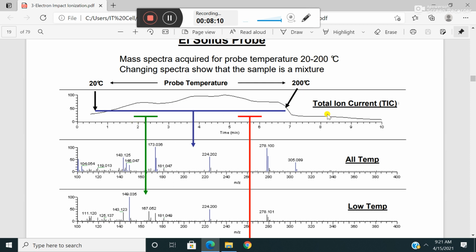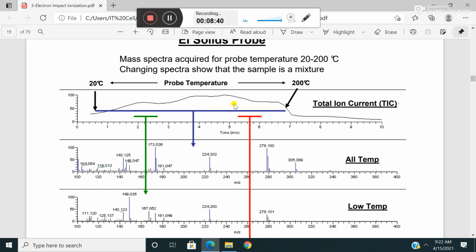But once we have reached 200 degrees centigrade, you can see that all the components have finished and have given the molecular ion peak. This range is from below 1 minute till 7 minutes. Up till 7 minutes, the temperature has risen from 20 to 200 degrees centigrade, and this temperature is sufficient for even the last component to give its peak, right?